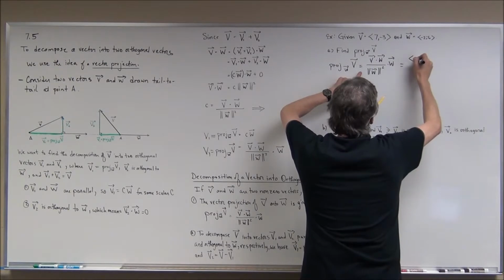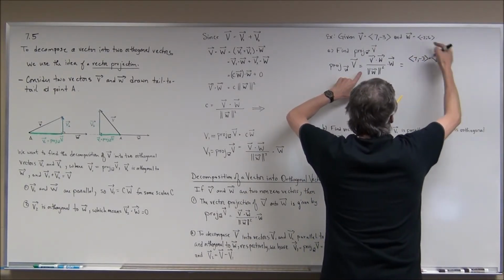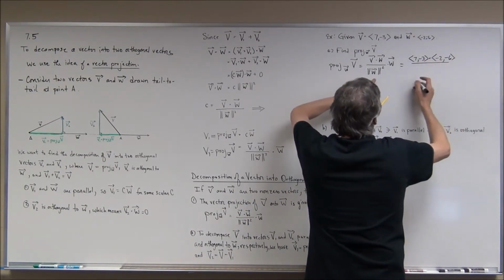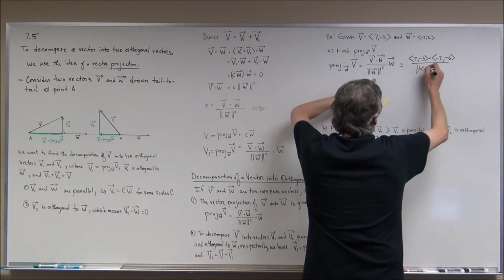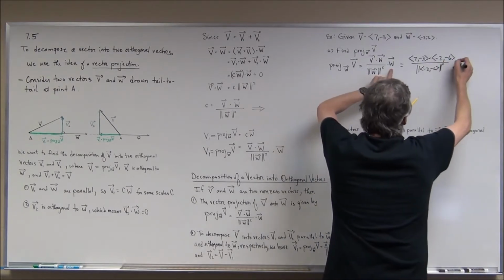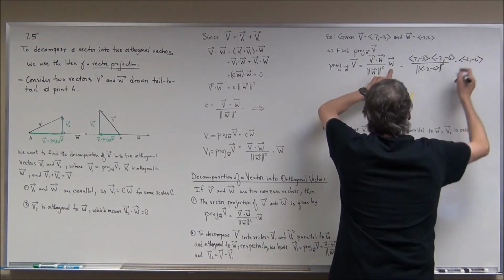This is going to be (7, -3) dot (-2, -6), all over the magnitude of W, which is (-2, -6), squared, times the vector W, which is (-2, -6).